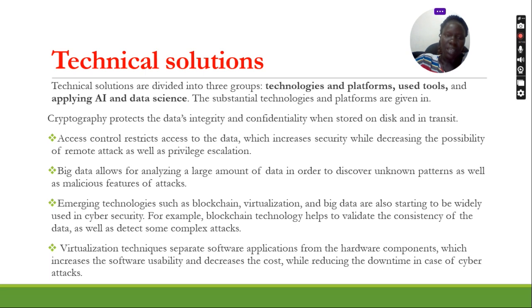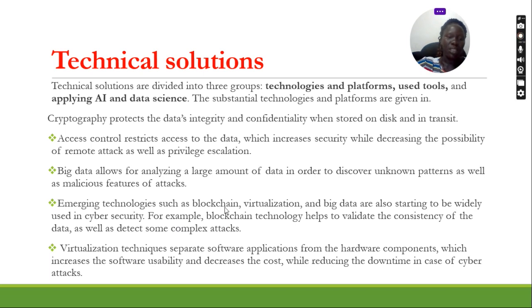We have access control, restricting access to data. We have big data, allowing for analyzing a large amount of data in order to discover unknown patterns as well as malicious features of attacks. Then also emerging technologies such as blockchain, virtualization, and big data. These are starting to be widely used in cybersecurity.